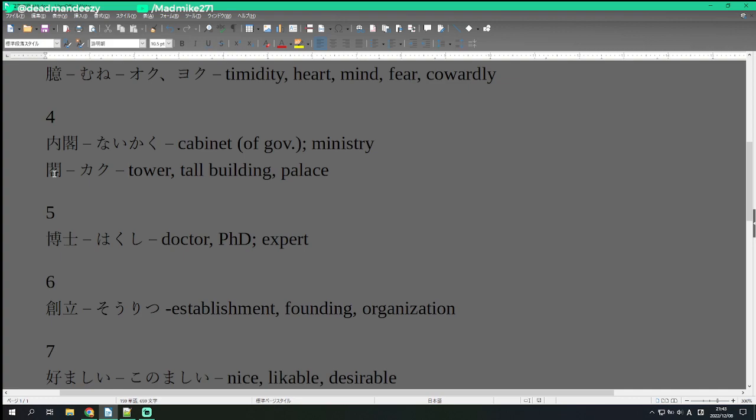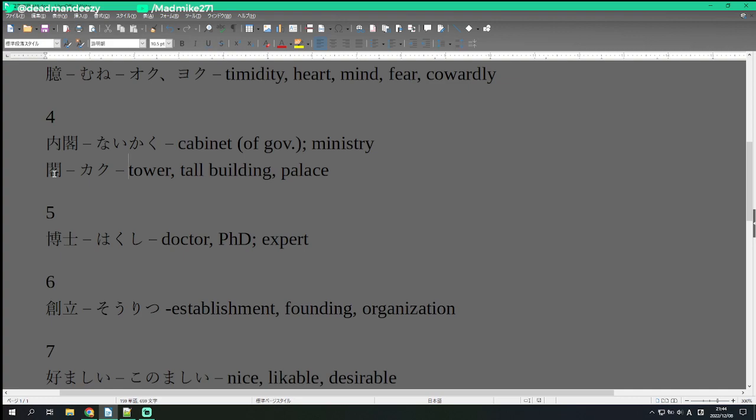Naikaku no kaku is at least easy to remember, since that radical in the middle of the two doors of the gate is also pronounced kaku. Naikaku no kaku. The inside palace. Inside the palace is the cabinet or ministry of the government.